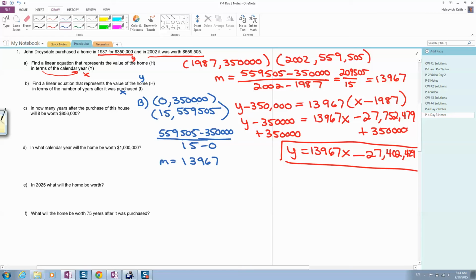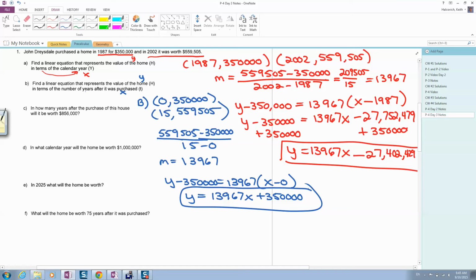And then you put the point in, so you get y minus 350,000 equals 13,967 times x minus 0. And then when you distribute and add the 350,000, it equals 13,967x plus 350,000. So this would be the equation for part B.